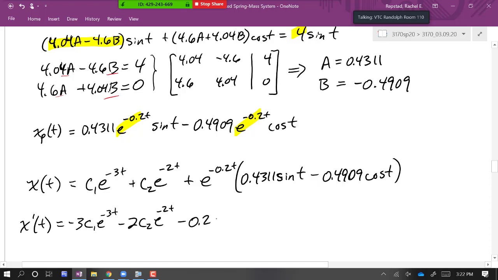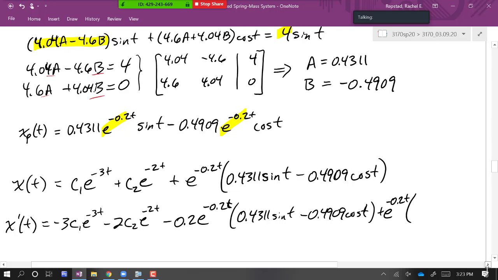So negative 0.2 e to the negative 0.2t times the sine and cosine terms, plus e to the negative 0.2t times, and this will be 0.4311 cosine t plus 0.4909 sine t.